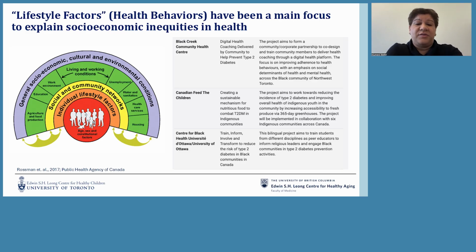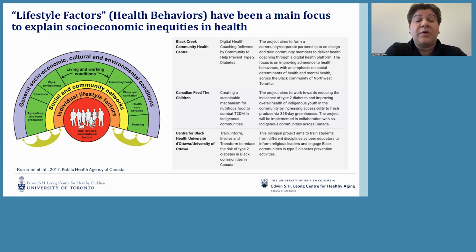And this is just a conceptual framework on the left that highlights that. The gist of it is that there are a variety of social conditions that then influence one's ability to eat right, to exercise, and so on. And on the right are some local Canadian programs that have been tailored to examine how to improve health behaviors amongst more socioeconomically compromised groups.